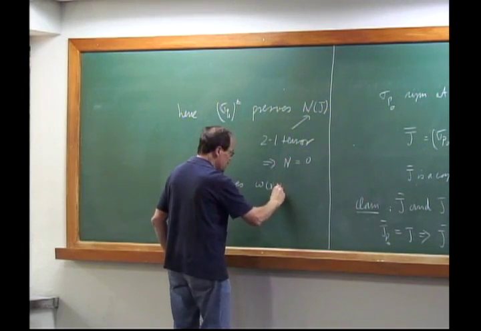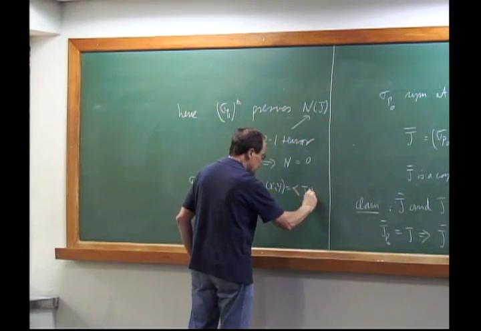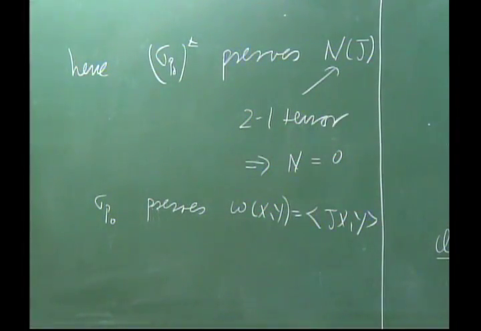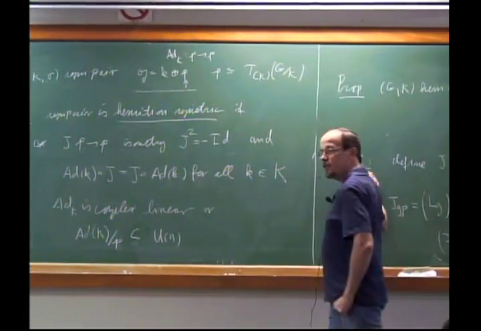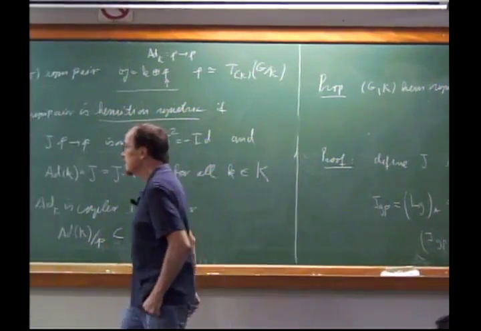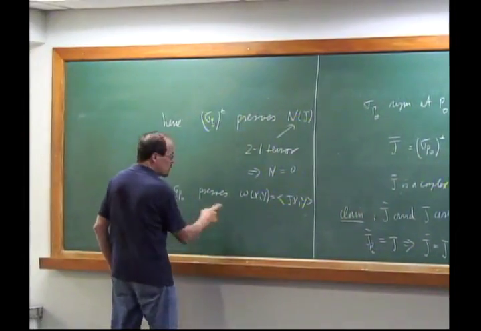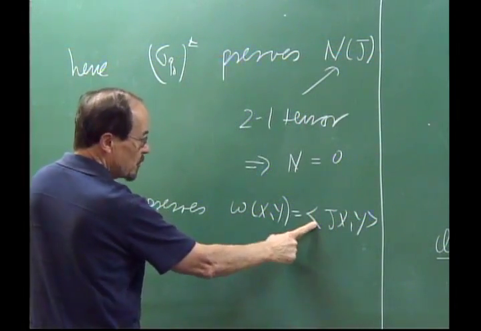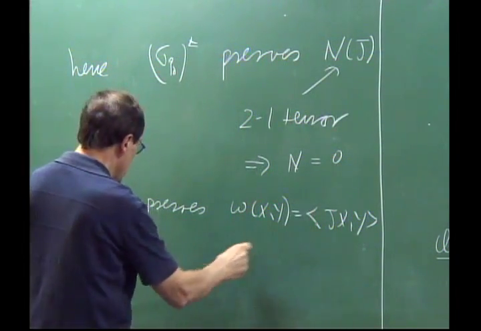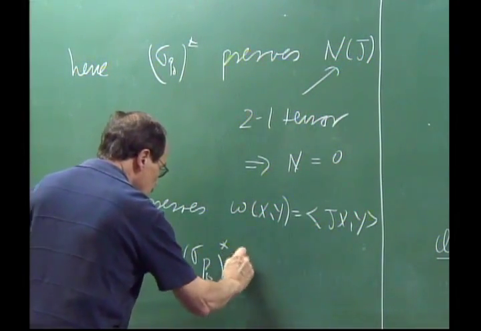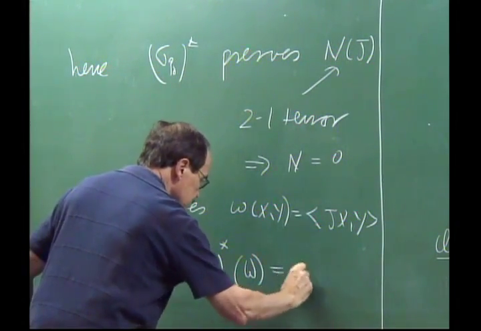Right, omega of X, Y was g of JX, Y. So I'm defining it that way, right? Here on my complex structure J, I just defined it globally over here, so now I have a corresponding form. Right? And now sigma P naught preserves J. Of course, it's also an isometry, preserves the metric. This implies that sigma P naught star omega is also equal to omega. Okay.